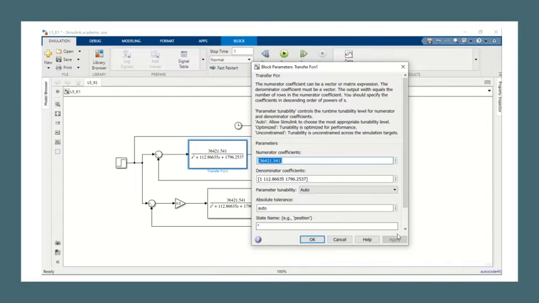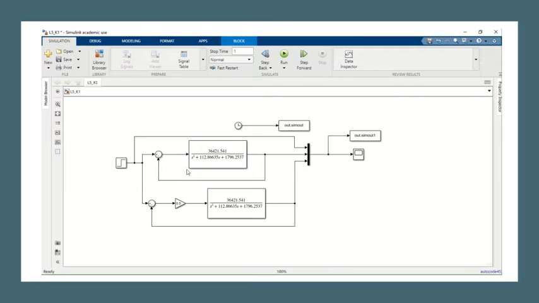Then apply. We need to put two transfer functions here. Then we need to save as L5_K1. So save.